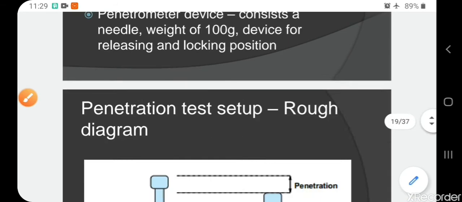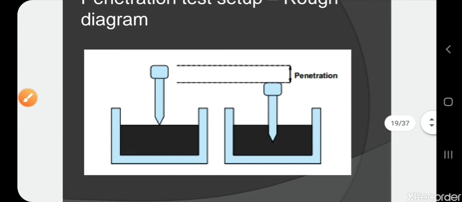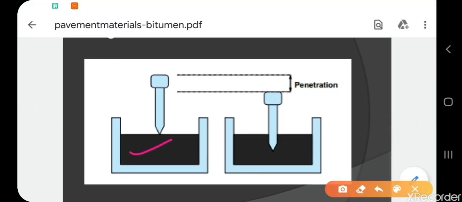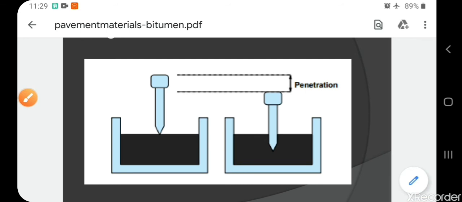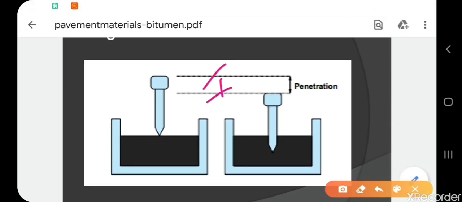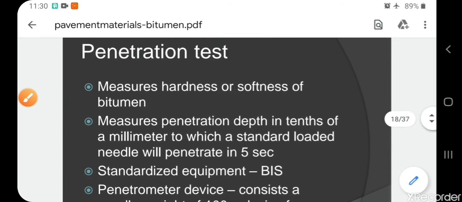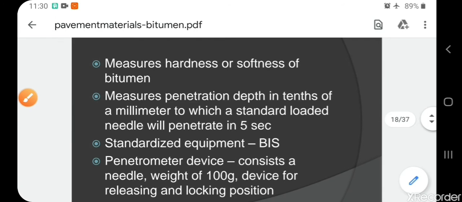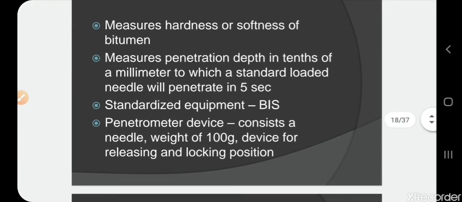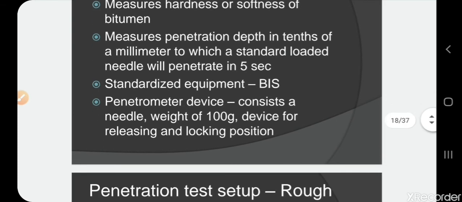So wait for a minute. Here, see, this is the bitumen. Over here we apply a plunger, nothing but a penetration needle. In 5 seconds, what will be the depth of the penetration? This is known as the depth of penetration. See here, clearly given. It should be almost less when compared to other materials. The standardized equipment should be as per BIS, Bureau of Indian Standards.